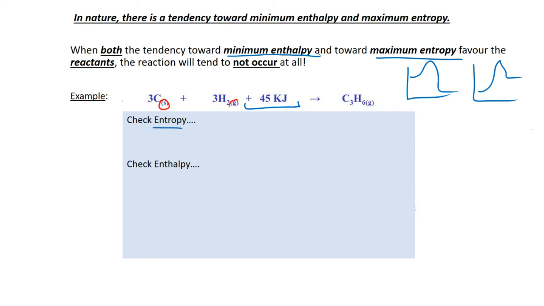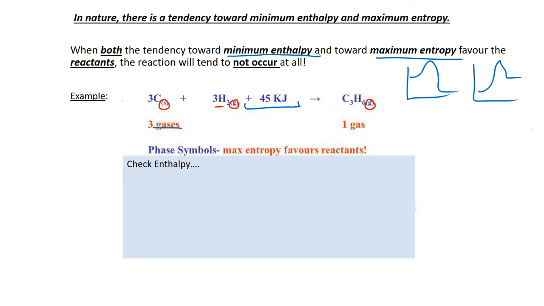So solid, and 3 moles of gas. On the right-hand side, I've got gas. So I've got gas on both sides, right? That's where I have to compare the amounts. I've got 3 moles of gas and 1 mole of gas. So my entropy is highest on the reactant side. Entropy wants that reaction to be pushed towards the left, the reactant side.